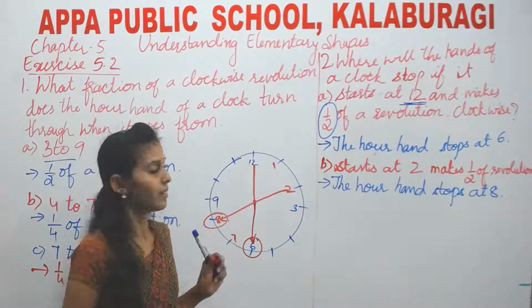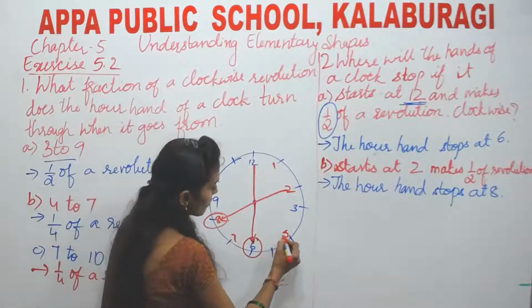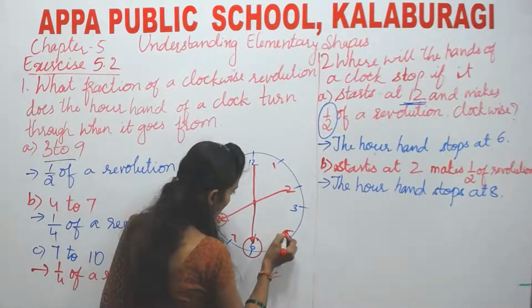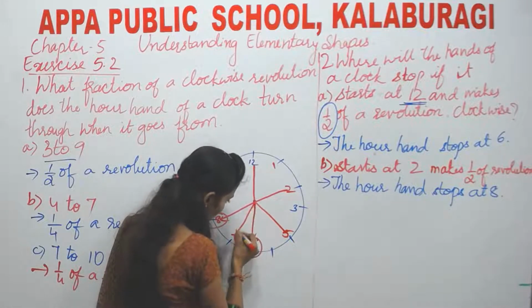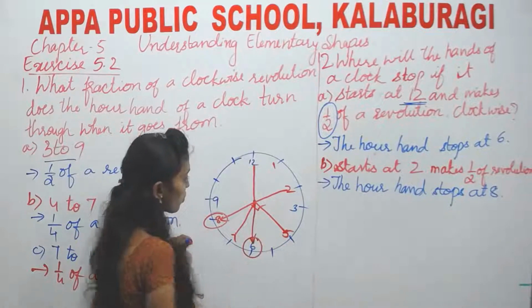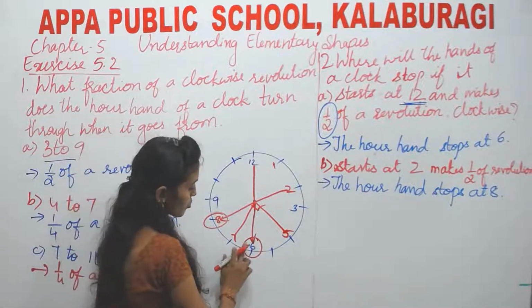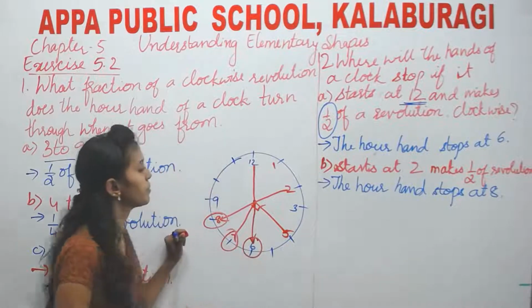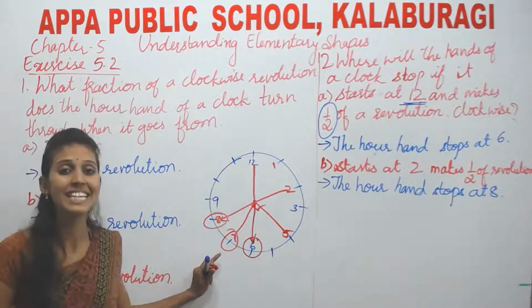Next, starts at 5. Starts at 5, makes 1/4 of a revolution. So where it will stop? 1, 2, 3. Right? So where will it stop? It stops at 7.